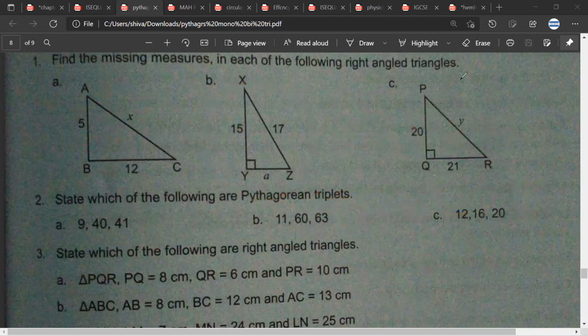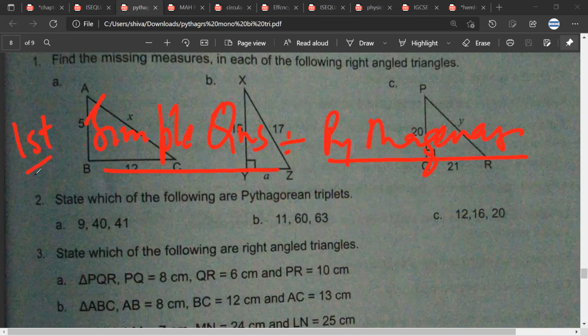So, what I'll do is I'll send you few simple questions about Pythagoras. And what I'll suggest is do these simple questions first. Once you are confident with these simple questions, the second thing that you can do is do your textbook questions.